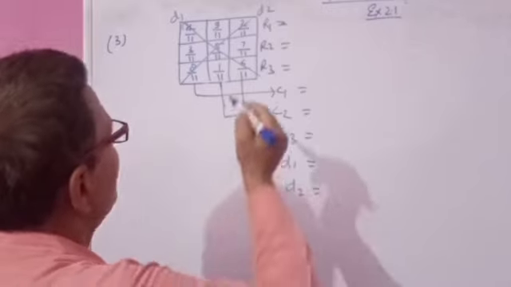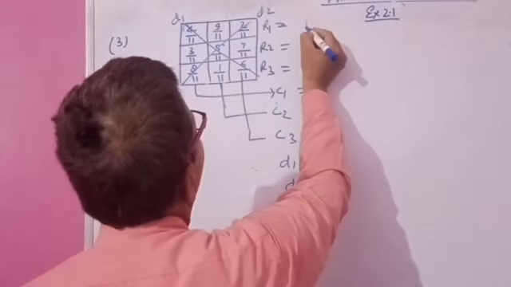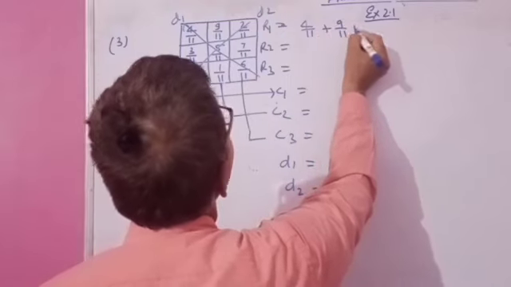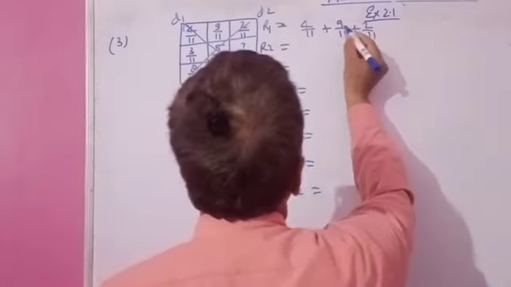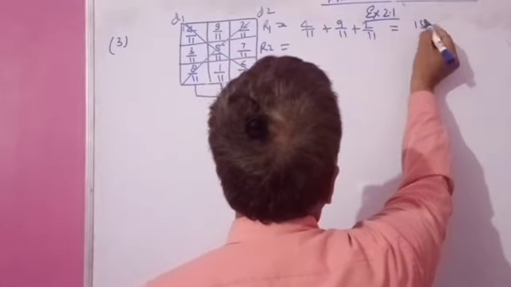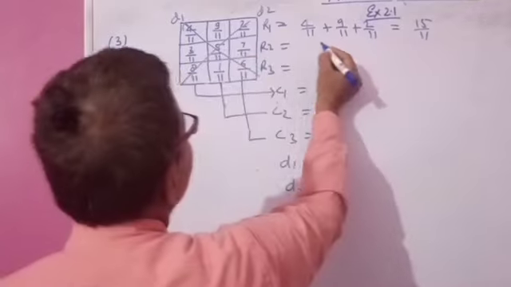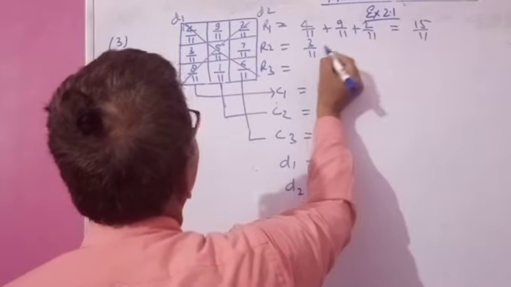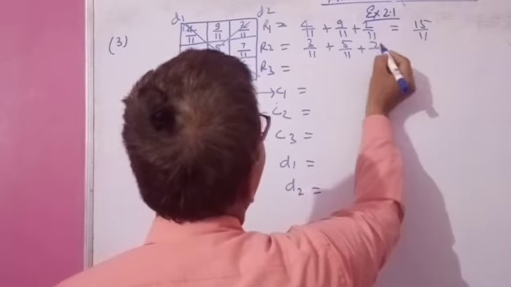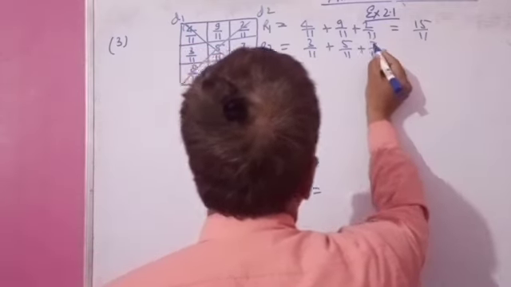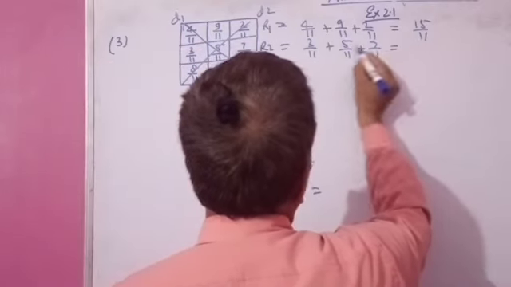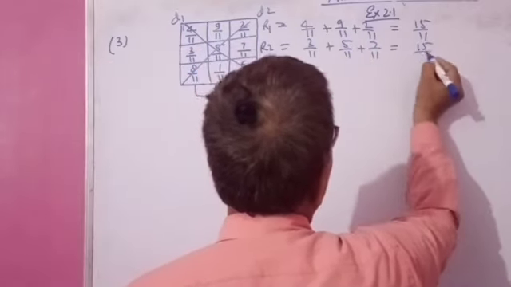You will first do the sum of R1: 4 upon 11 plus 9 upon 11 plus 2 upon 11. 9 plus 4 is 13 plus 2, that is 15 upon 11. And R2: 3 upon 11 plus 5 upon 11 plus 7 upon 11. 7 plus 5 is 12, 12 plus 3 is 15 upon 11.